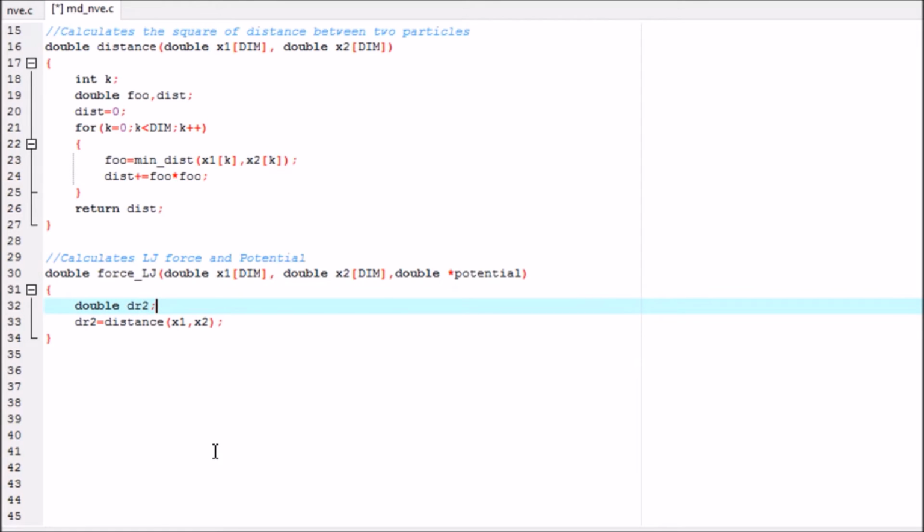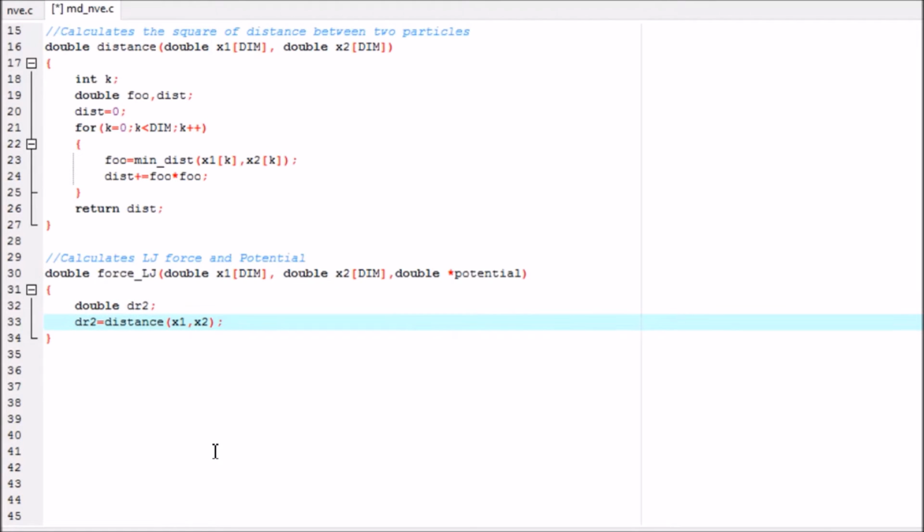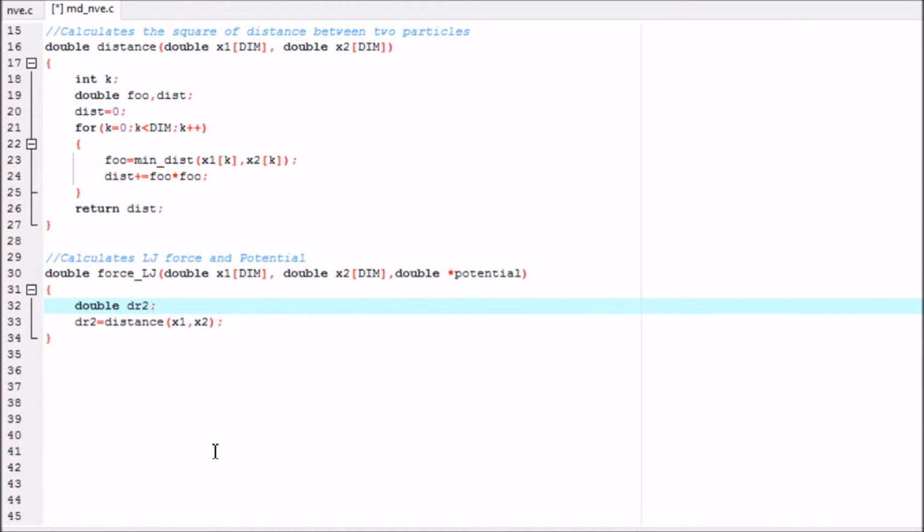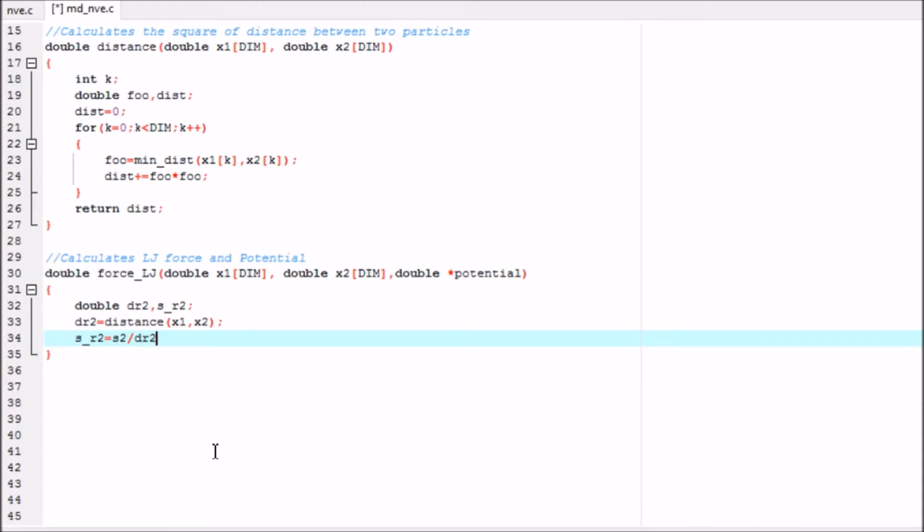dr2 is double, and now we need to find the sigma value. So let's say the sigma value is stored in S2. Then let's define sigma by R2 as sigma by R2 is equal to sigma 2 by dr2.